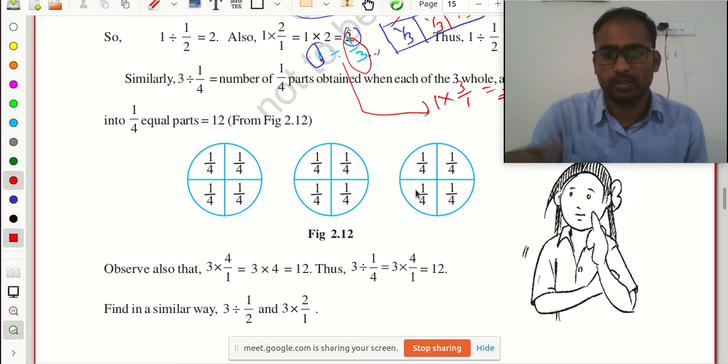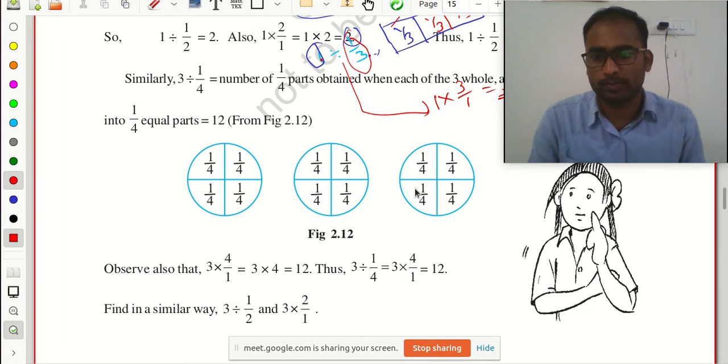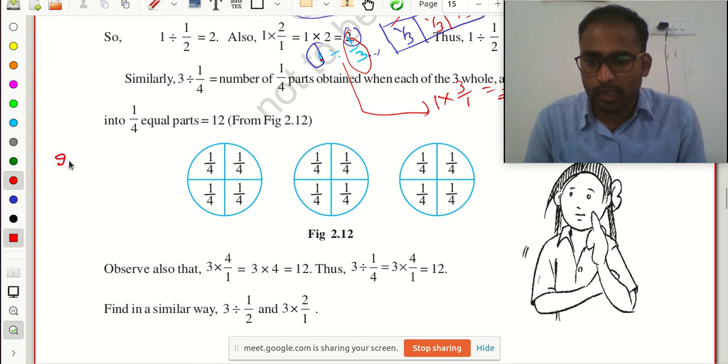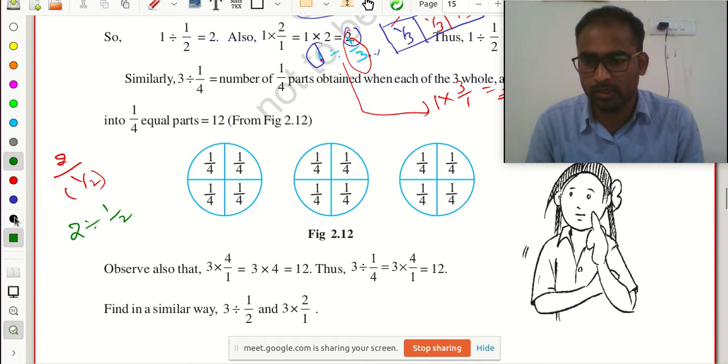And suppose, what is the value of 2 divided by 1 by 2? I can write this 2 as 2, the division as multiplication, and the 1 by 2 as 2. So this is 4.